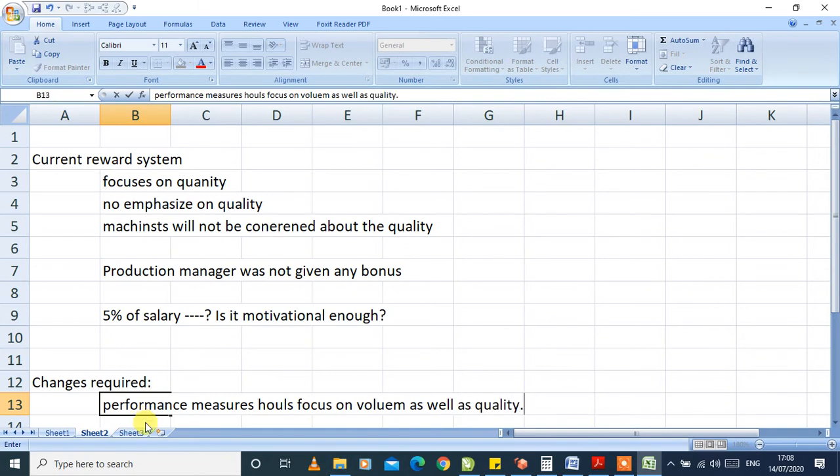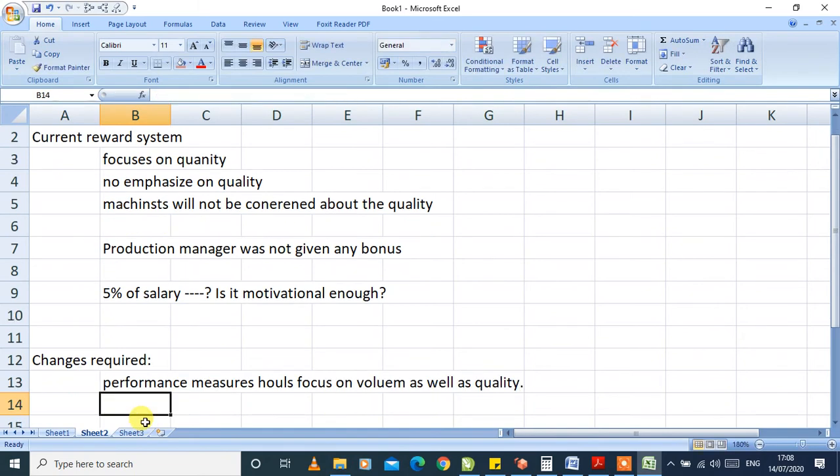You can't ignore volume. Volume is important, whereas quality also will be important. What would be quality? Number of defects. Some examples: number of defects, time taken for the production, or you can say production lead time, right?